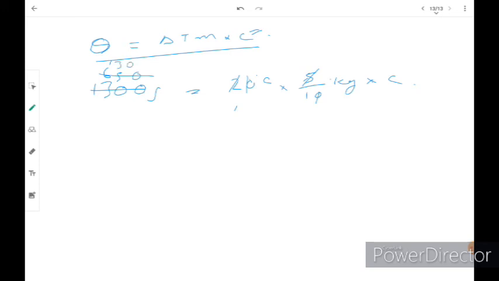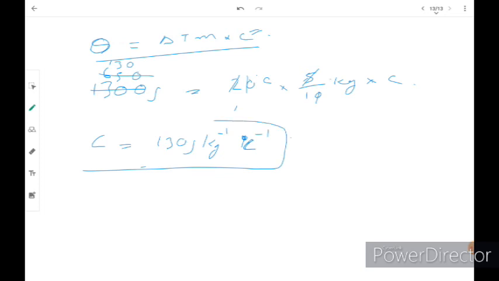So C is equal to 130 joule per kg inverse Kelvin inverse, or degree C inverse.